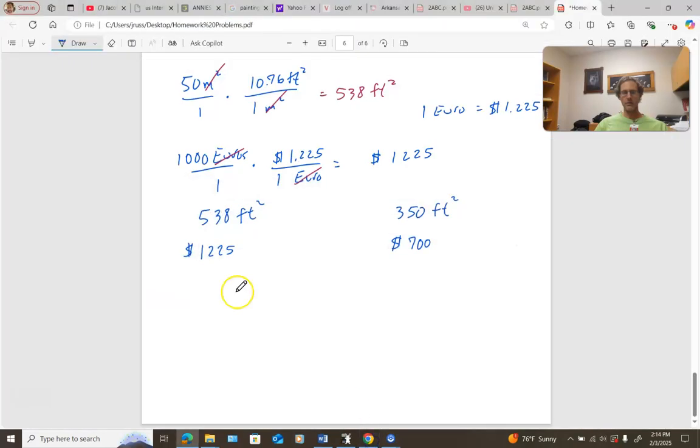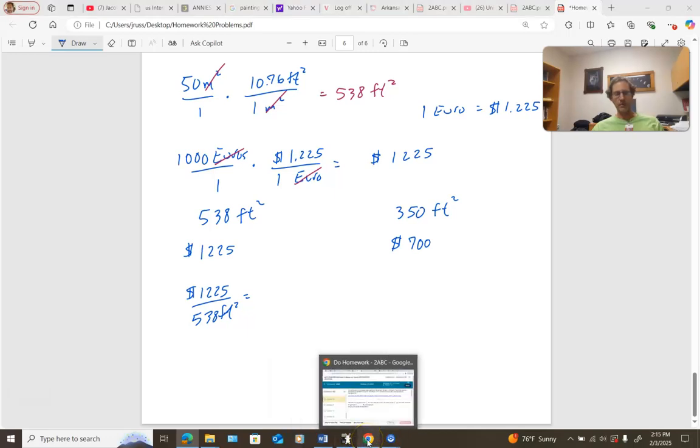Okay, so what I need to do is take the number of dollars, or the price, for each of these apartments and divide it by the number of square feet. And this will give me the unit price. And that's how you compare the price of a home or an apartment, etc. That's how you can tell which one's actually cheaper per area.